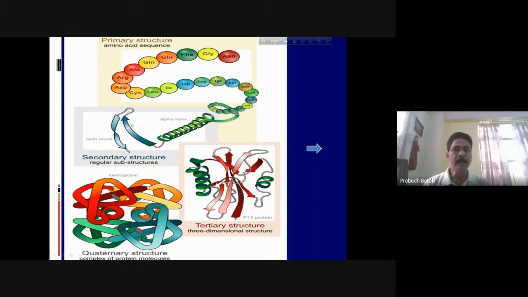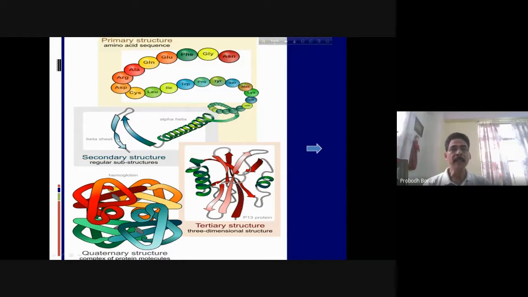Similarly, the secondary structure is built based on the primary structure or amino acid sequence. So therefore, if we correctly know the association of the primary structure or the amino acid sequence with different components of the secondary structure functionally, then we can be able to predict the secondary structure based on the primary structure.